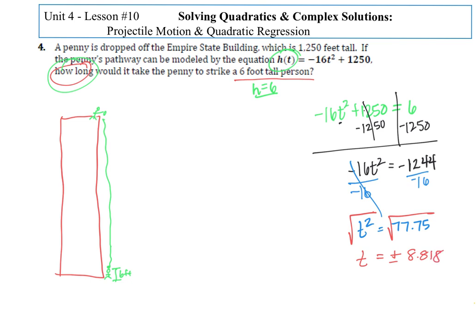Okay, now we always say plus or minus to begin with. That means positive 8.818 seconds and negative, but we only want positive time. So 8.818 seconds is the answer that we are looking for here. That's how long it would take the penny to start at the top of this building and hit a man who is 6 feet tall.